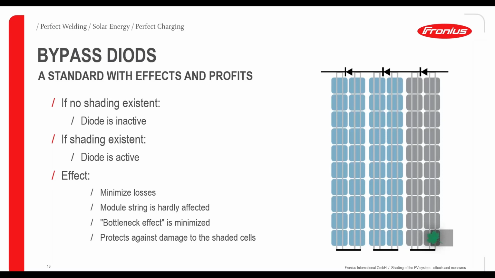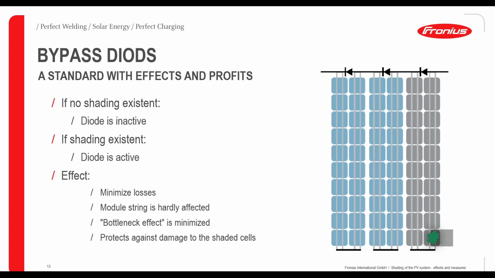Then of course we have situations where we can't avoid most of the shading. Maybe we can say, okay, we reduce it a little bit, but in some way there is a little bit of shading which we can't get rid of, the neighbor's building or the neighbor's tree, something like that, which we can't affect.